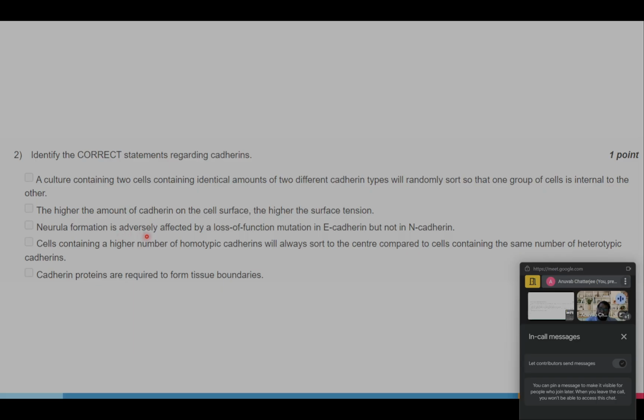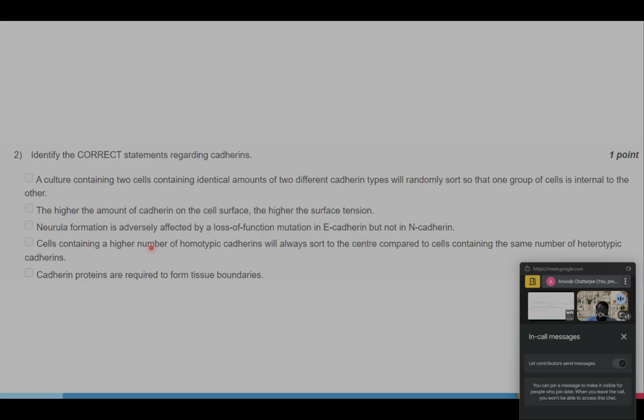Neuronal formation is adversely affected by loss of E cadherin but not N cadherin. Cells containing a higher number of homotypic cadherins, like similar cadherins, will sort to the center compared to the same number of heterotypic cadherins, where all the cells express different types of cadherins, but the total number is the same as the cells expressing the same type of cadherin.